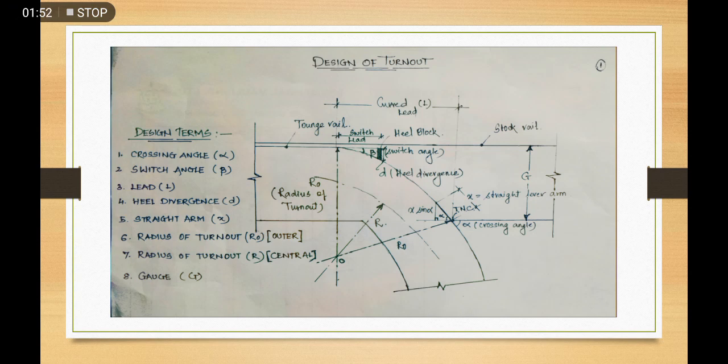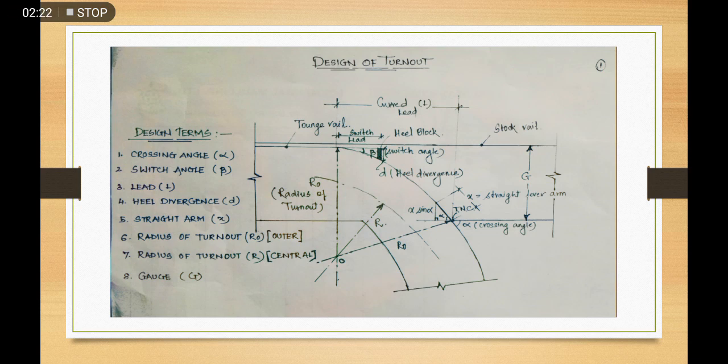This includes, first of all, the crossing angle. So here if you see the first term that is related to the design, it is the crossing angle, and it is denoted by alpha. It is the inclination subtended between the stock rail and the tongue rail, and it is called the angle of crossing.